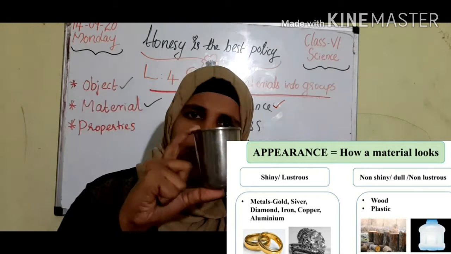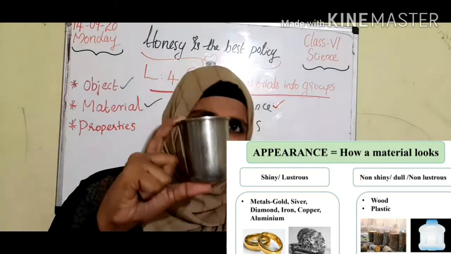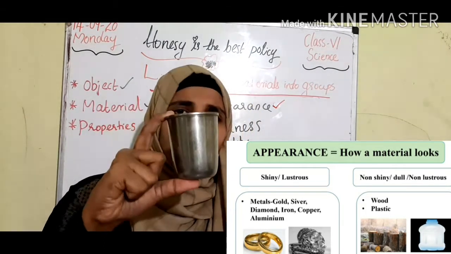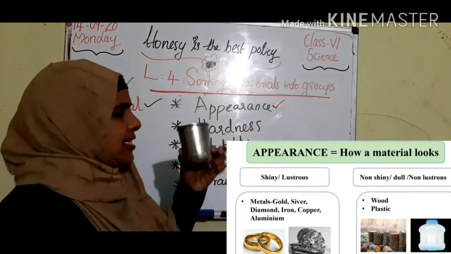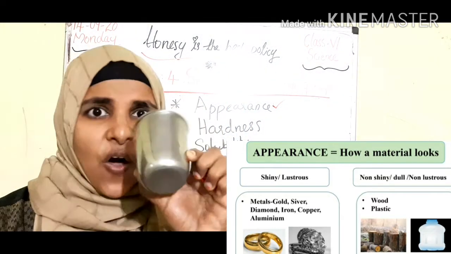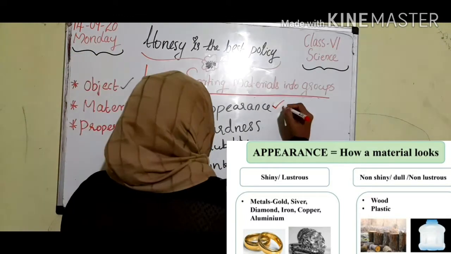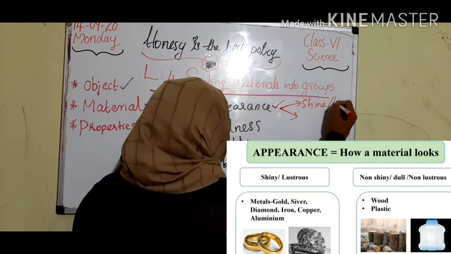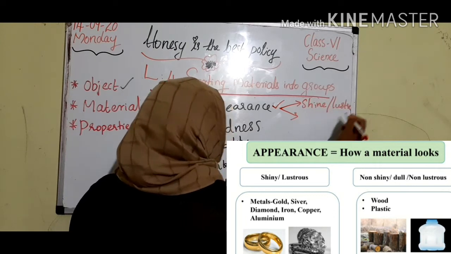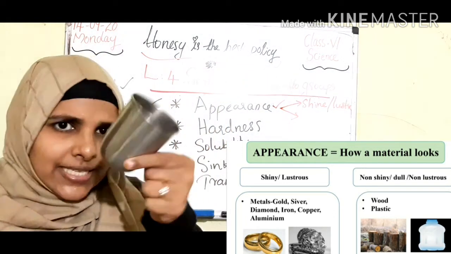It is one glass, right? It is one steel glass. So this object is made from which material, children? Steel, is it? And this is shiny, right? Or lustrous. We can understand it is very shiny or lustrous.